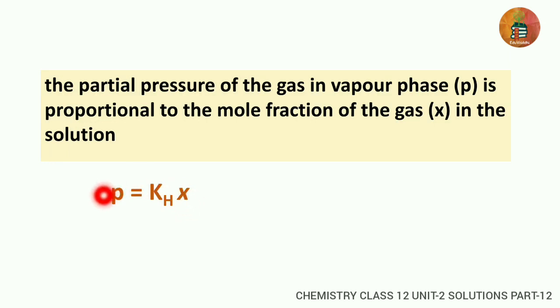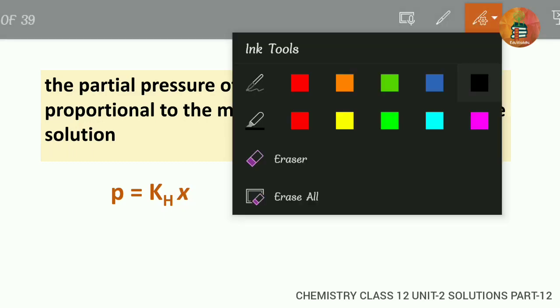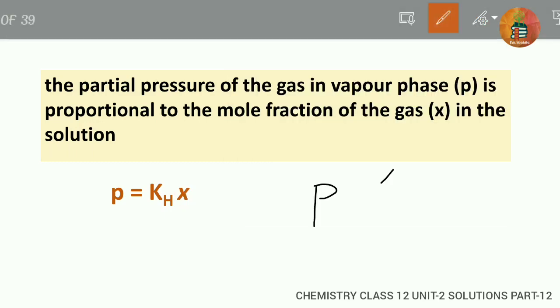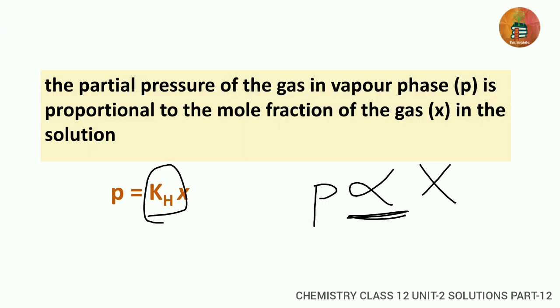So partial pressure is directly proportional to mole fraction, and this proportionality is replaced by a constant represented as Kh, called the Henry's law constant or Henry's constant. This is the mathematical expression for Henry's law.